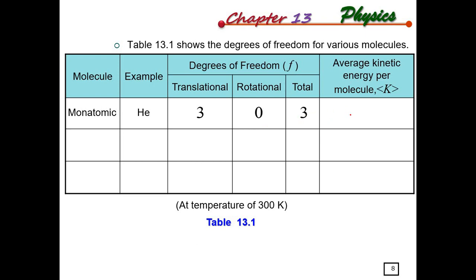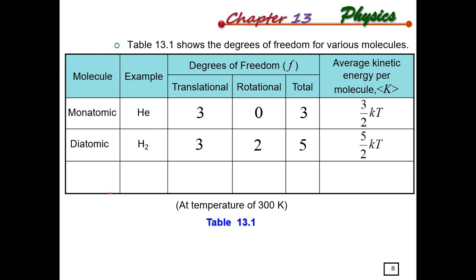Average kinetic energy per molecule is 3/2 times kT. For the diatomic molecules such as hydrogen, translational 3, rotational 2, and total 5. So the average kinetic energy per molecule is 5/2 times kT.